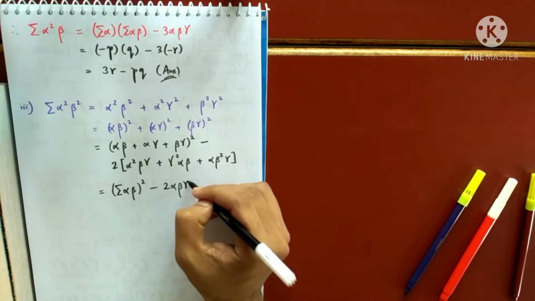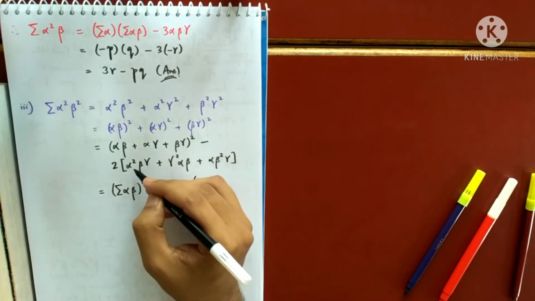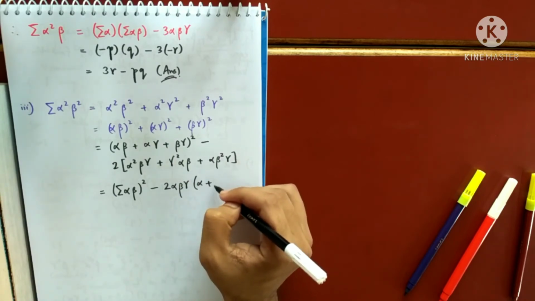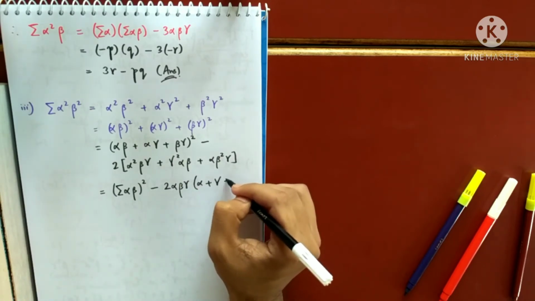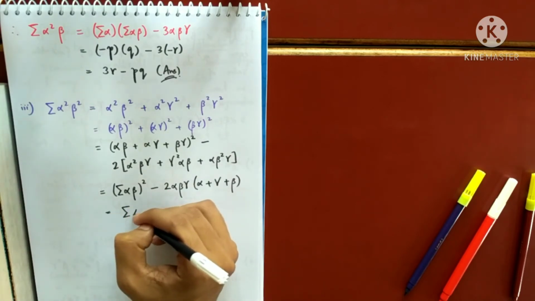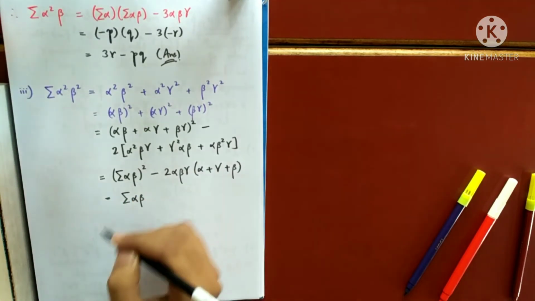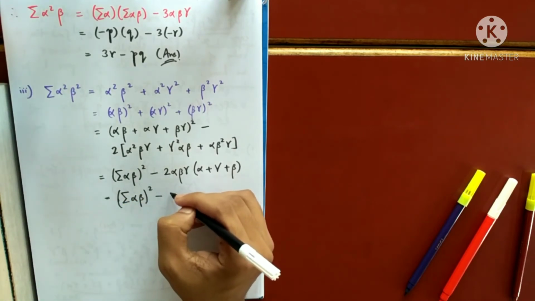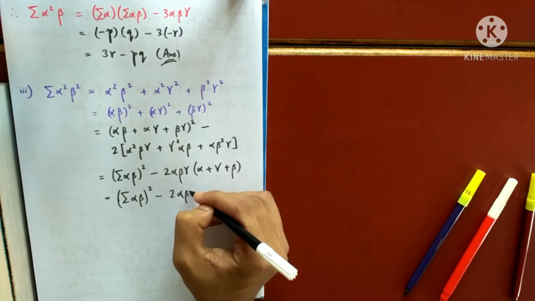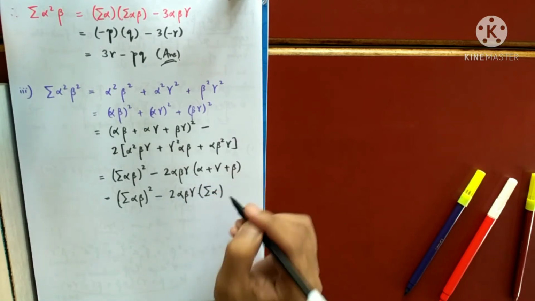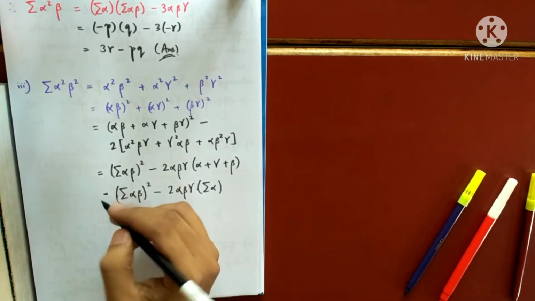If I take alpha beta gamma common, here I am remaining with just alpha, here with just gamma, and here with just beta. So what is my final step? Summation alpha beta whole square minus 2 alpha beta gamma into summation alpha, and I know the value of all of them.